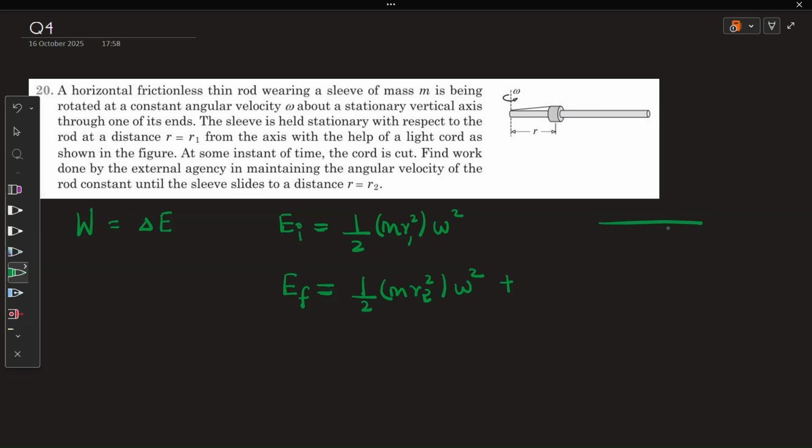If this is the rod, the sleeve would have a velocity v along the rod, if we are seeing with respect to the rod, the rotating rod in the rotating frame. So it will have a translational kinetic energy too, which is half m v square.